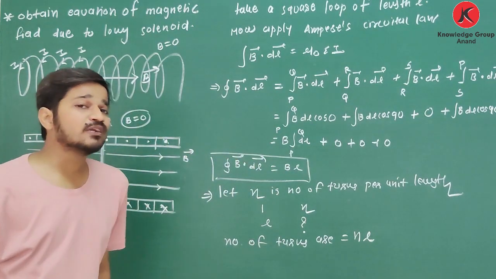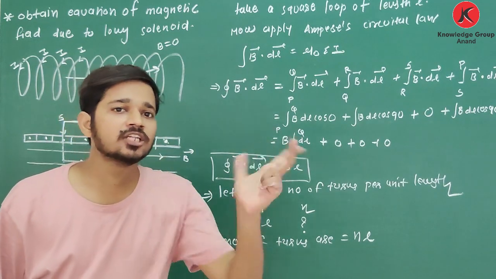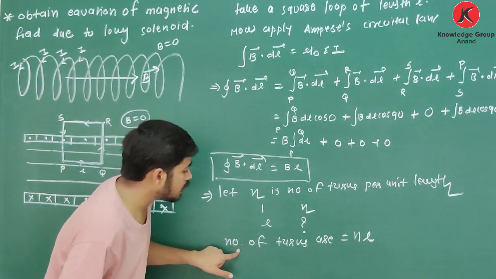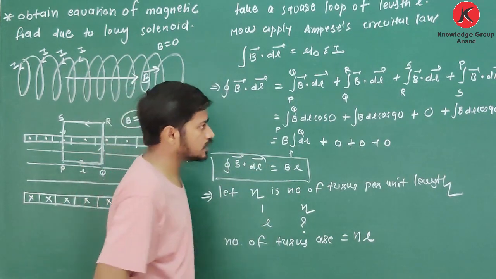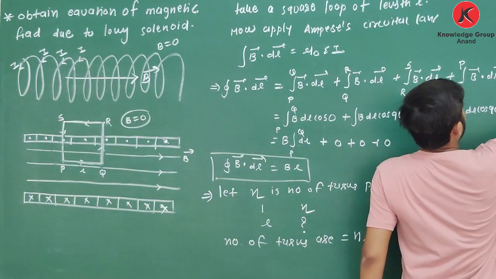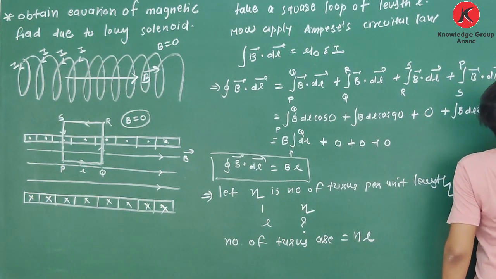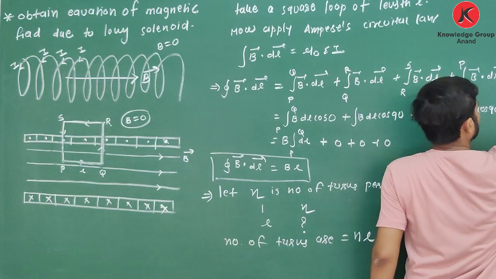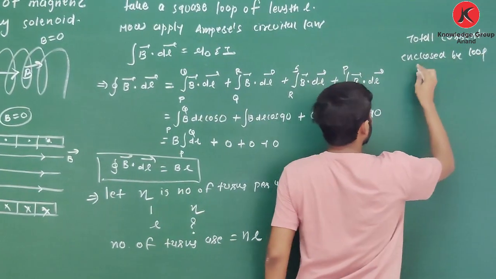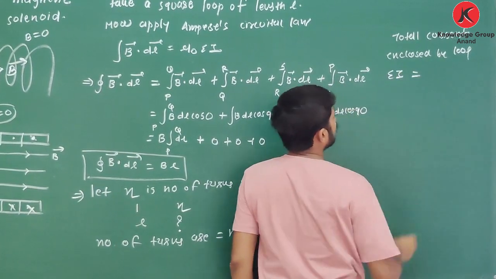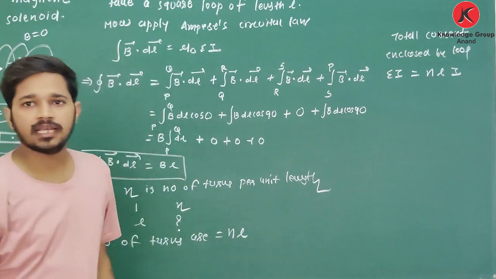What is the current flowing from 1 turn? I. From 2 turns, 2I. From 3 turns, 3I. So what is the current flowing from nL turns? The total current enclosed by the Ampere loop, sigma I, is equal to nLI.